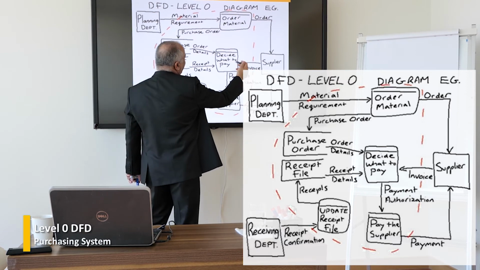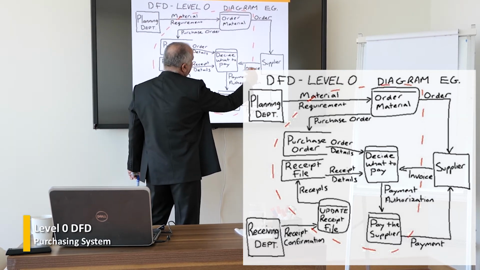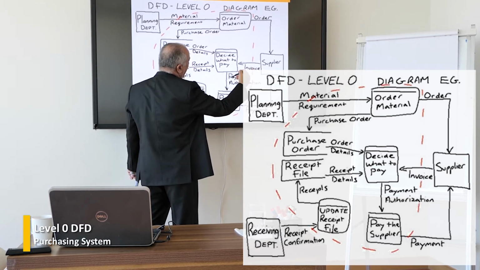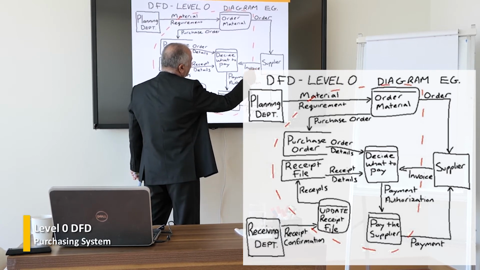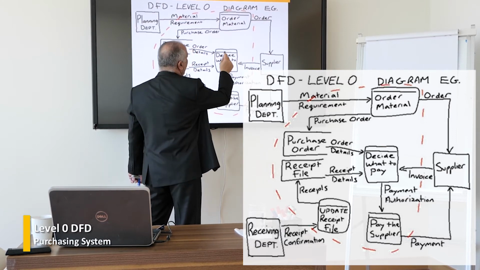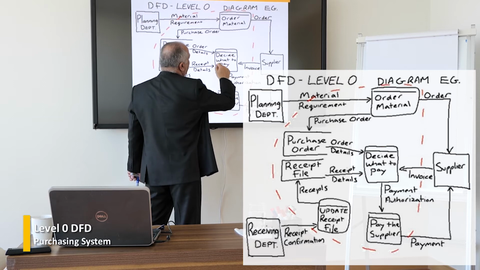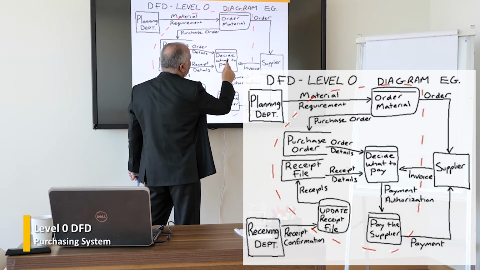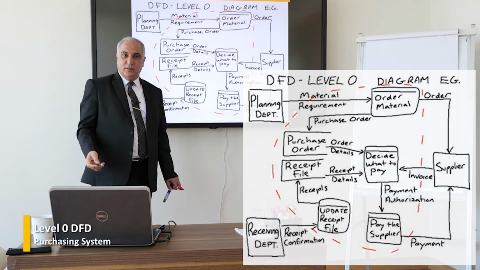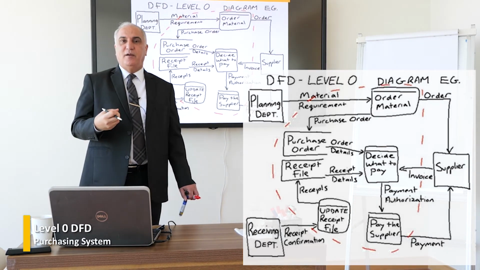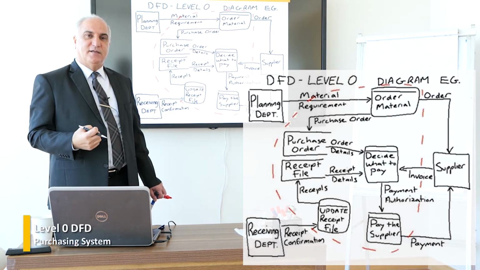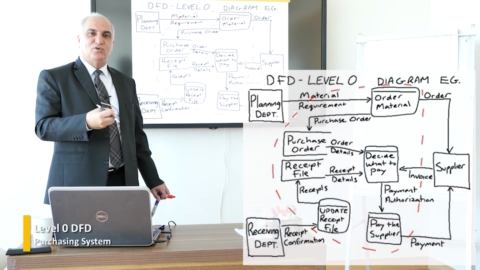Now, an invoice will be sent by the supplier, which says, I will invoice you for 60 of the 100 that you asked for. So now we will need to initiate a process called decide what to pay. Very interesting process. I want to see what I'm paying you for. You are sending me an invoice as a supplier. So against what?